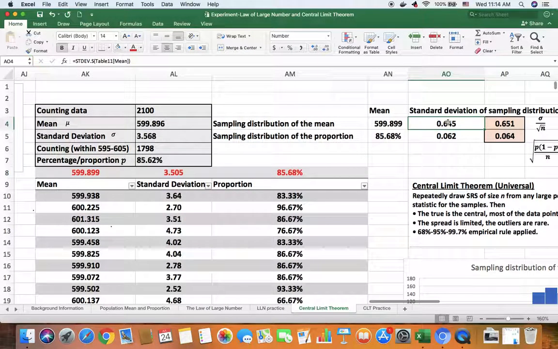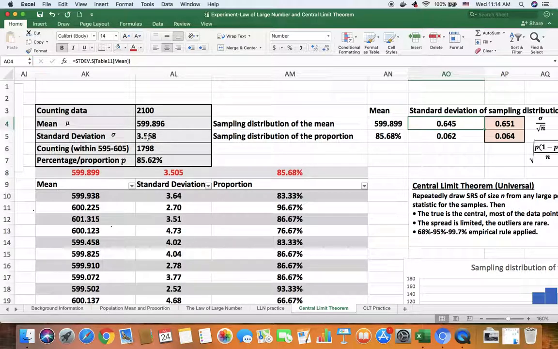And we want to figure out whether these two values have a relationship with the population mean and standard deviation. Obviously, these two values are very close, almost equal. But this value is very different from the population standard deviation.